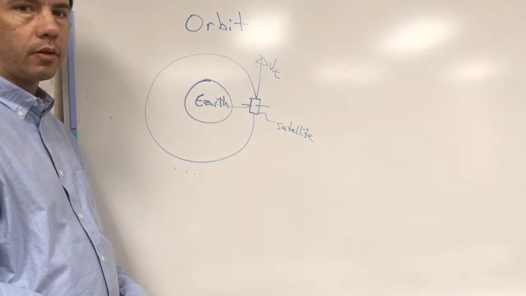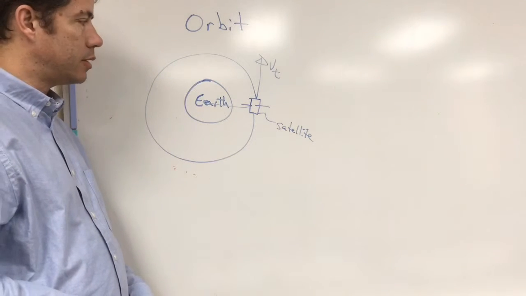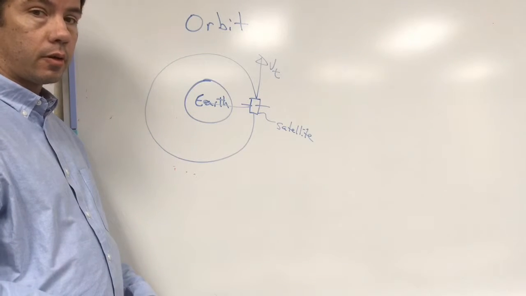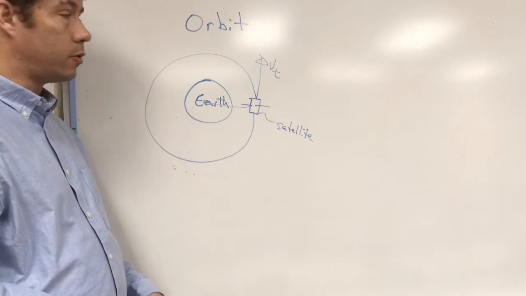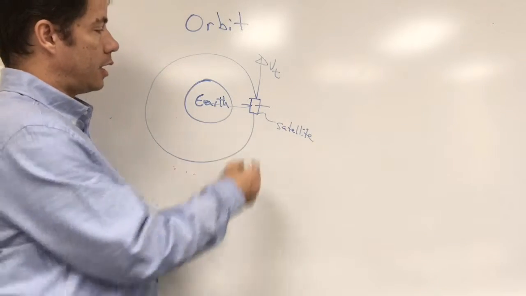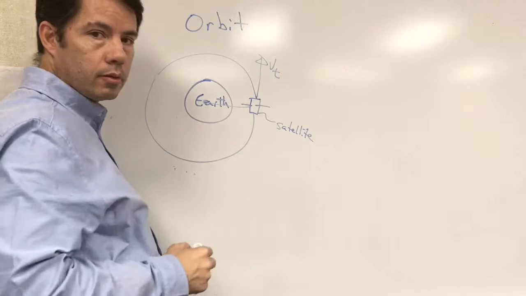Let's talk about things in orbit. This applies to anything: planets around the sun, satellites around the Earth, asteroids around asteroids, moons around planets, that kind of thing. So let's take a look at a satellite orbiting the Earth.